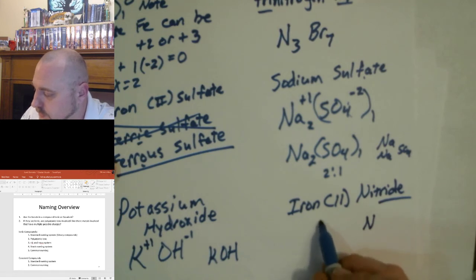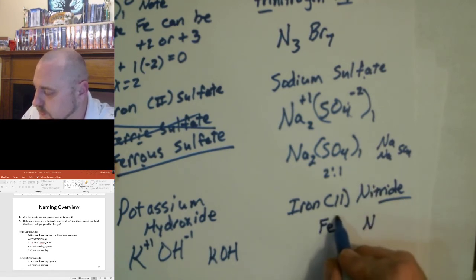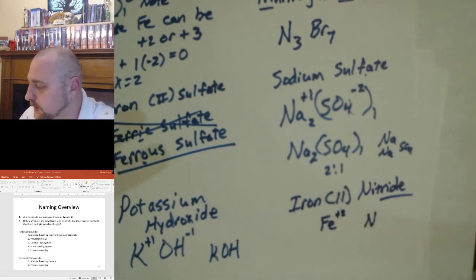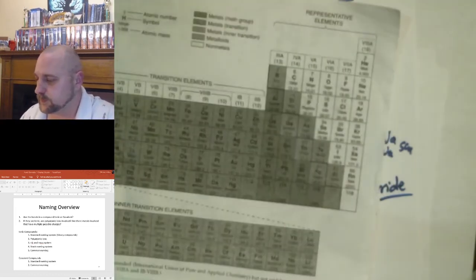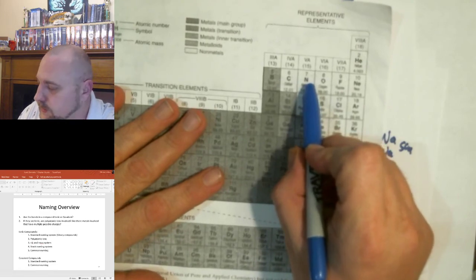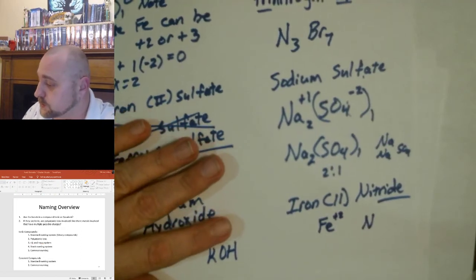I've got an iron, and the charge on iron is a +2, and I know that because of these Roman numerals. I need to find the charge on the nitrogen. So I'm going to pull out my periodic table. And nitrogen is in group 15. It's going to gain 3 electrons. That'll give you the -3 charge.